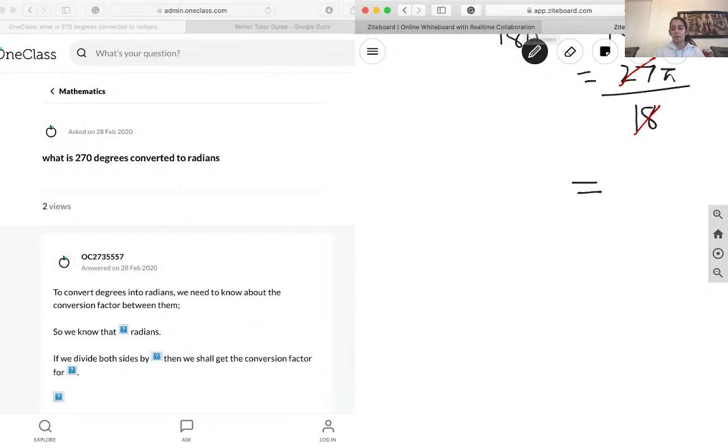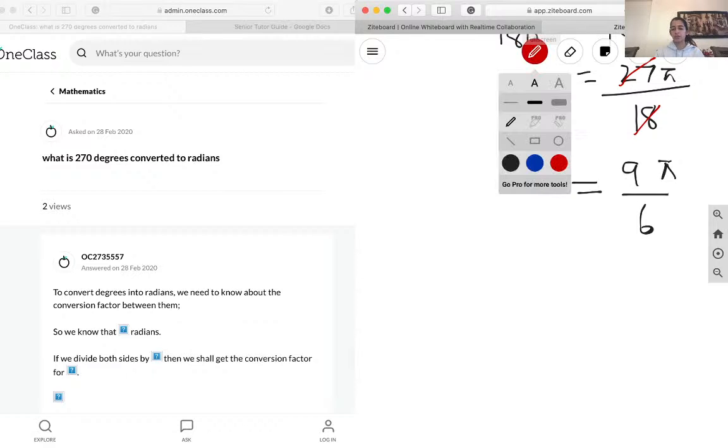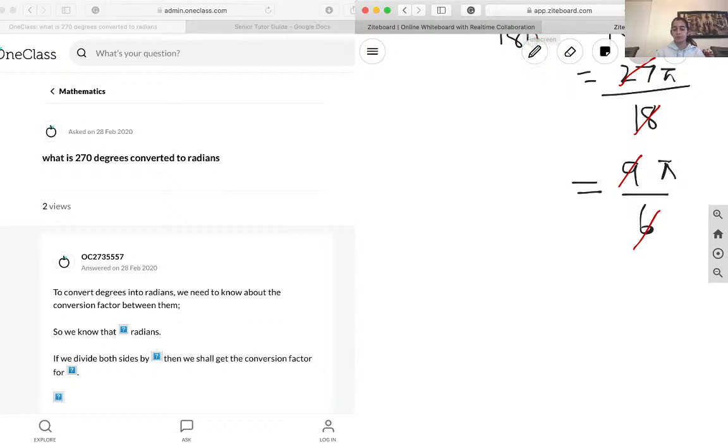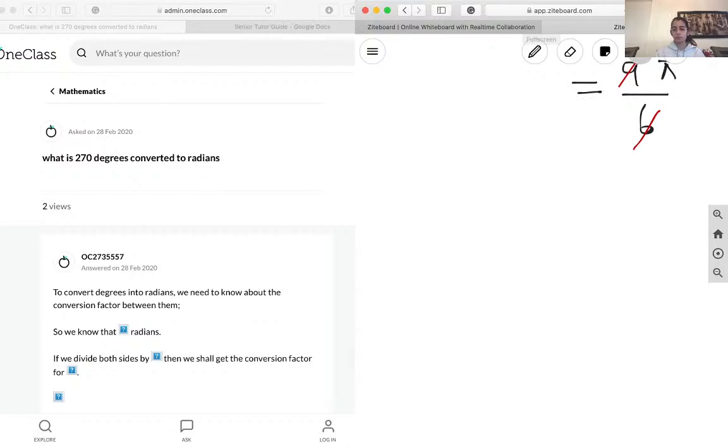So if we divide that 27 by 3, we're left with 9 over 18 divided by 3 is 6. And don't forget the pi. We can further divide this, because it has to be in the simplest form, by 3 again. And we are left with 3 over 2 pi.